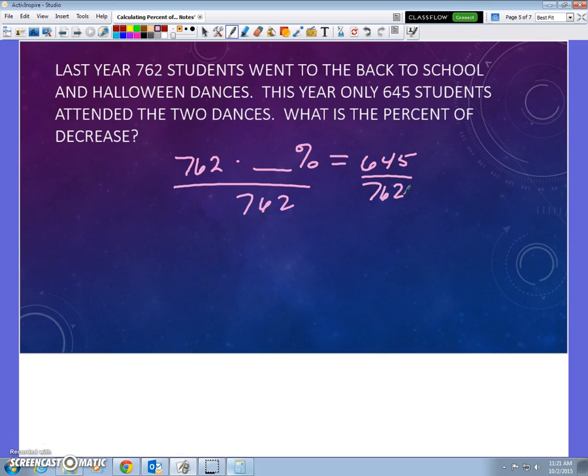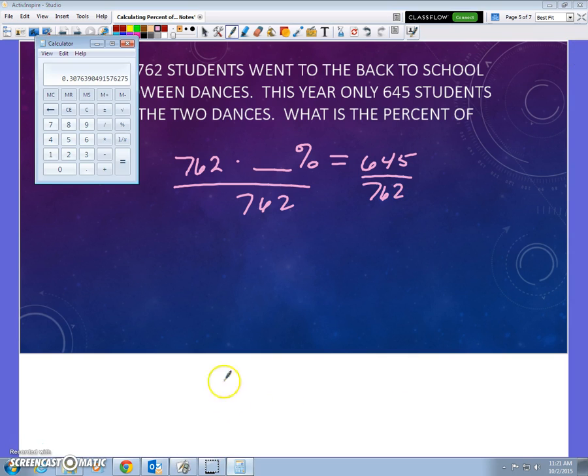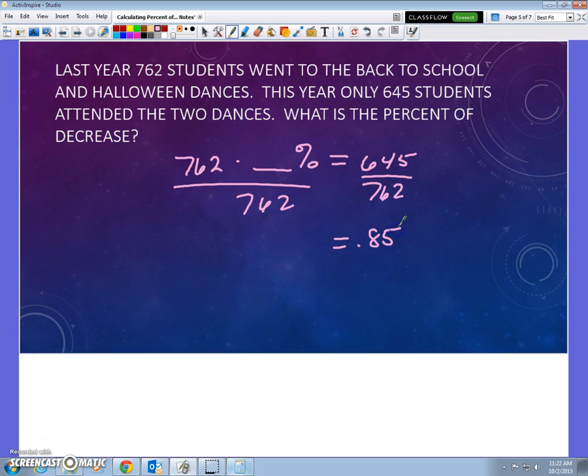And when I divide 645 by 762, I get 0.85. We'll just do 0.85, it's fine. But if that's a percent that's already changed to a decimal, we're going to change it to 85%.